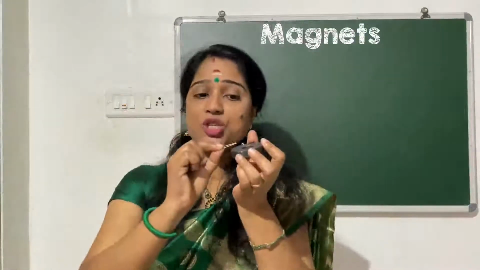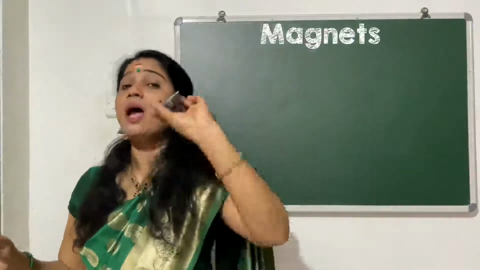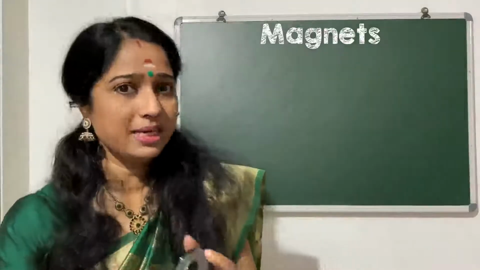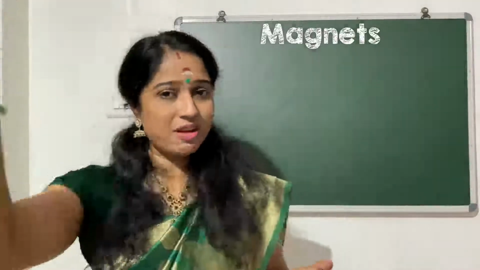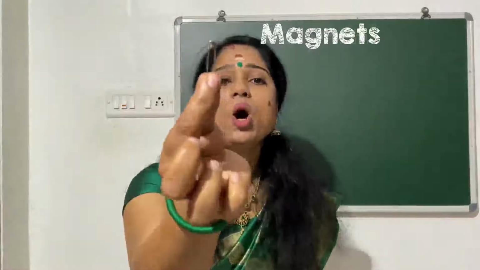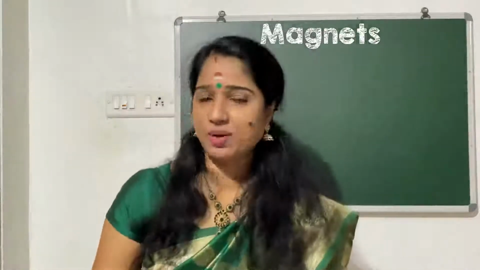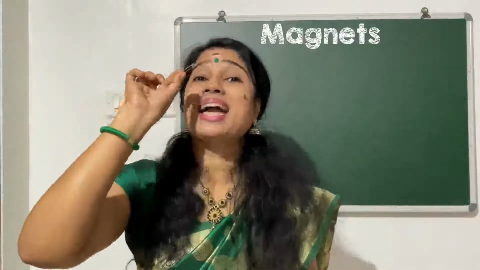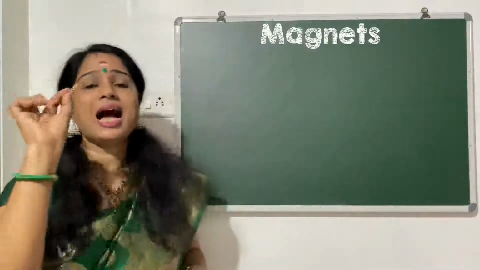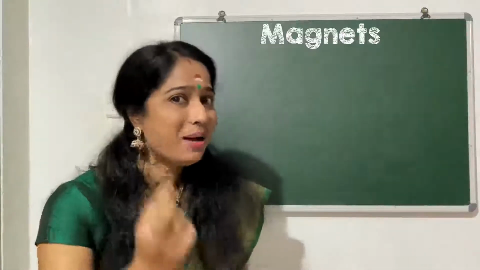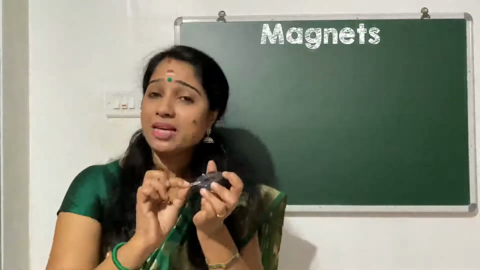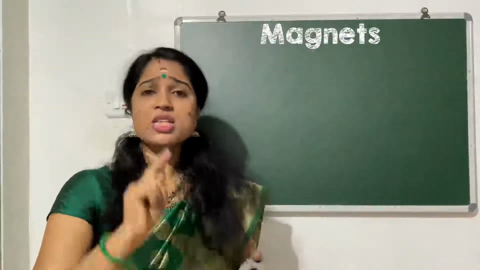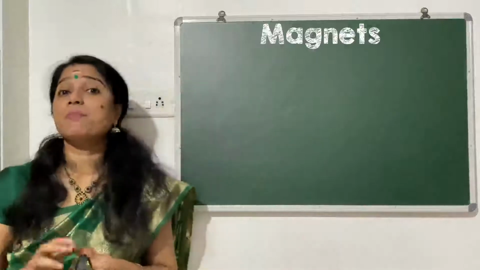When we keep these two in contact for a long time, not 1 or 2 seconds, after a long time, when we separate them, this iron object will act as a magnet. And we can say that this object is getting magnetized when we keep it close for a long period of time.